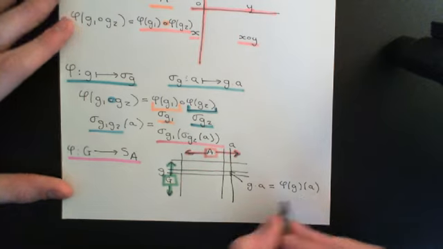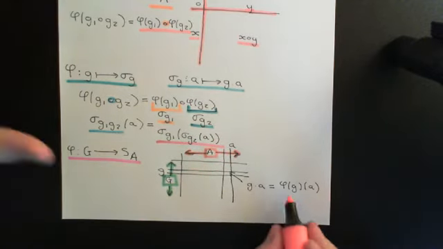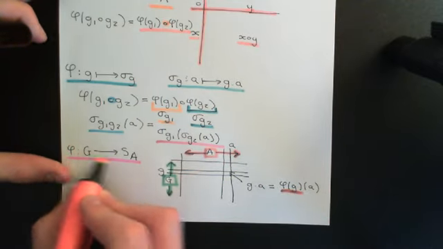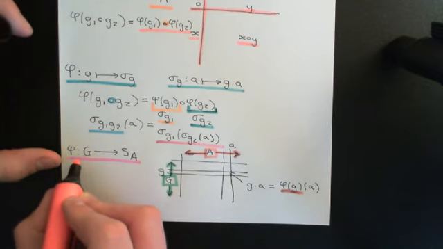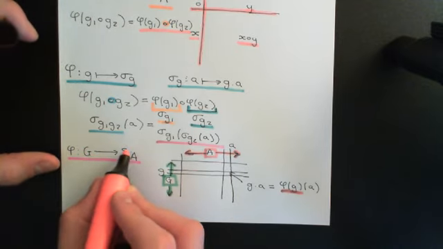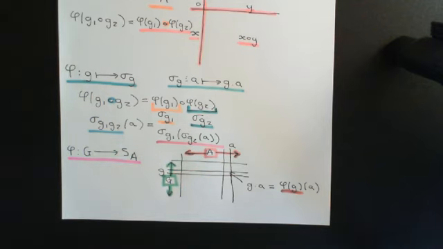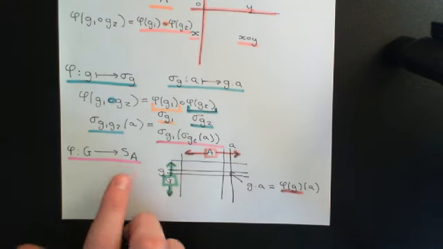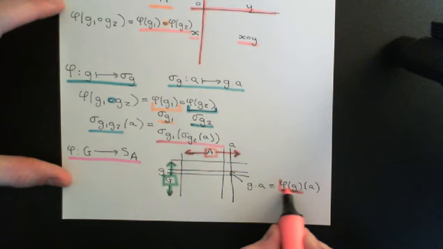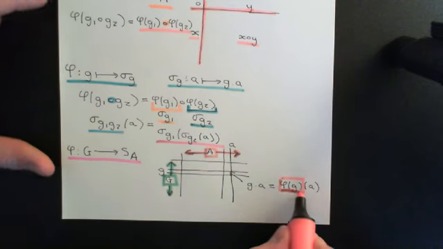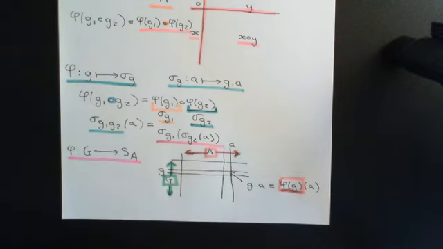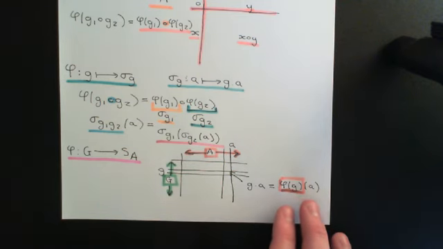Now let me explain exactly what I mean by that. Phi of little g firstly. Well, the permutation representation here maps all elements of the group onto an element in the symmetric group on the set A. Now the elements in the symmetric group on the set A are set permutations of the set A. So phi of g is a set permutation of the set A. And now I'm saying act this set permutation on the set A. After all, it is a mapping of the set A onto itself, so it can take any little a and map it onto some other element.